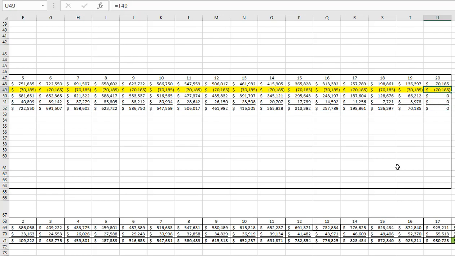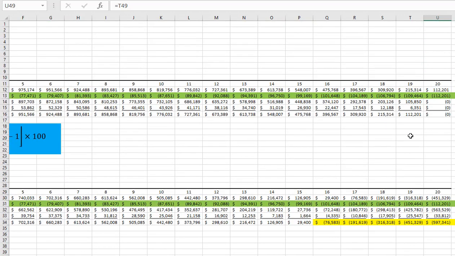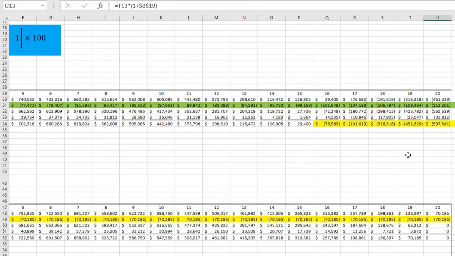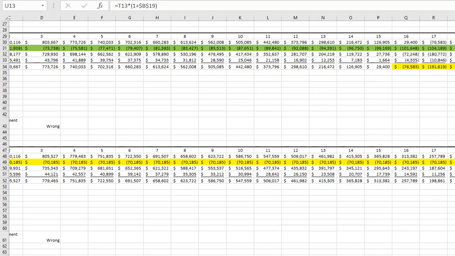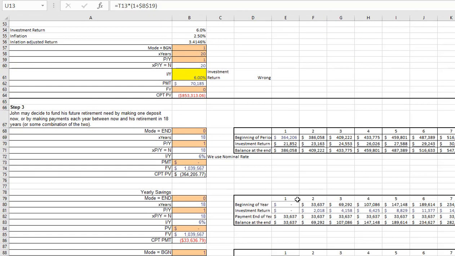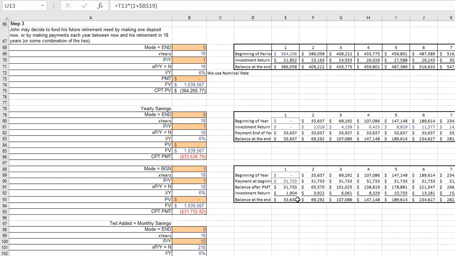So I'm still only getting an income of $70,185. Where, with the rate of inflation at 2.5%, those expenses are really at $112,000. So again, that is really the importance of why we need to use that inflation adjusted rate.